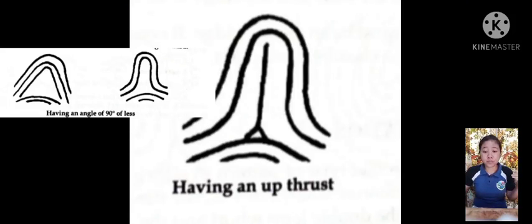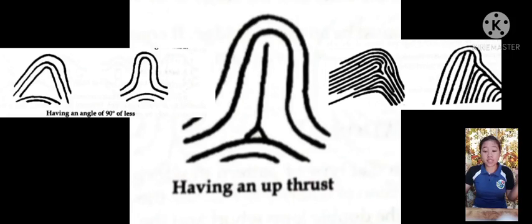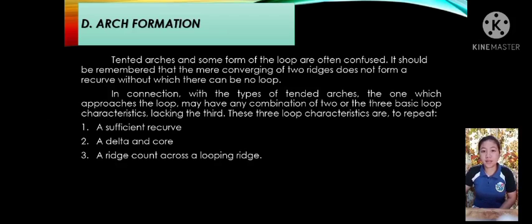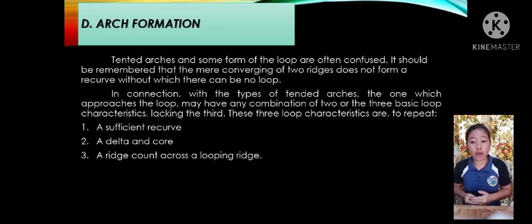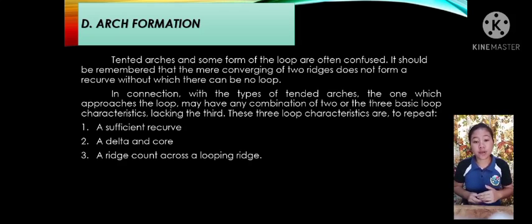So in the picture above, you can see one having an angle of 90 degrees or less, and one having an upthrust, and the loop type of 45 degrees. Tented arches and some forms of loops are often confused. It should be remembered that the mere converging of two ridges does not form a recurve, without which there are no loops.